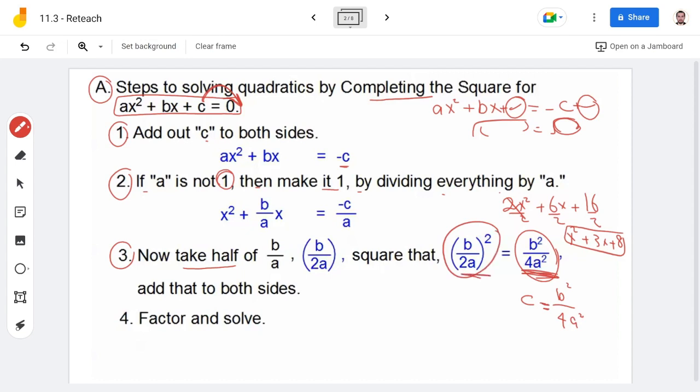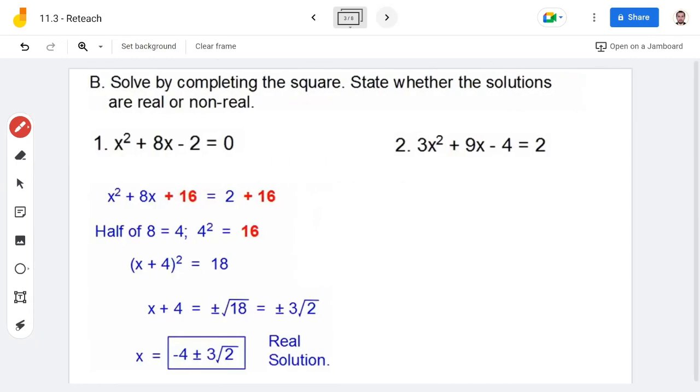I will tell you, this formula is similar to that formula, because of the property of distributing the power. b takes the power, 2 takes the power, and a takes the power: b to the power of 2, 2 to the power of 2 is 4, and a to the power of 2. Then factor and solve.